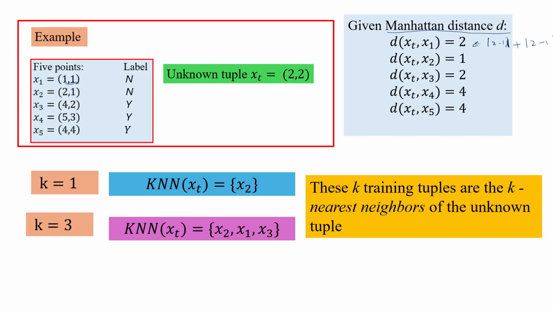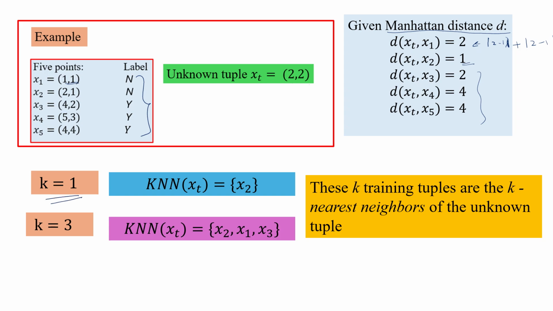For the next, it is 2, 1. There is no difference in the first variable and a difference of one in the second, so we get the value of 1. Similarly, we compute all the distances of this tuple 2, 2 with x1, x2, x3, x4, x5. Also note that we have now included the labels of each training data tuple. Now we have the distances.